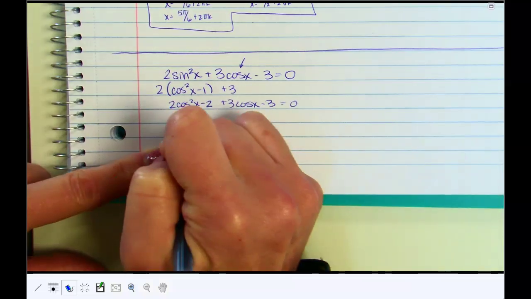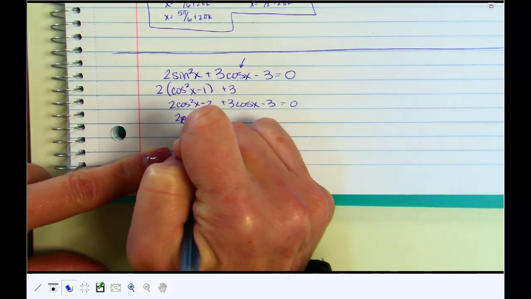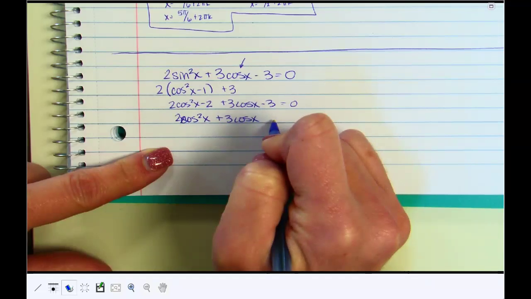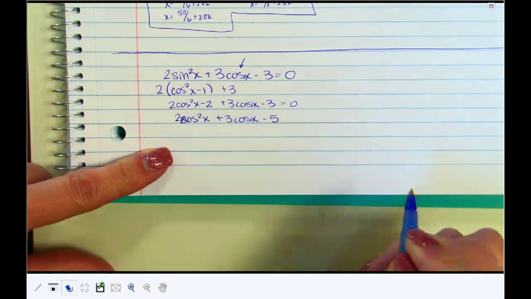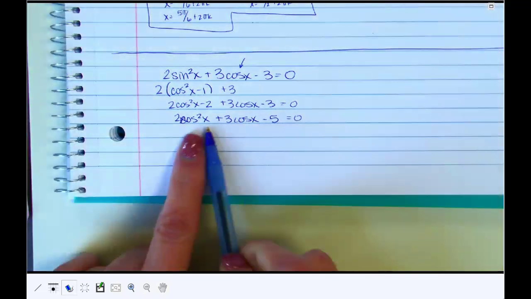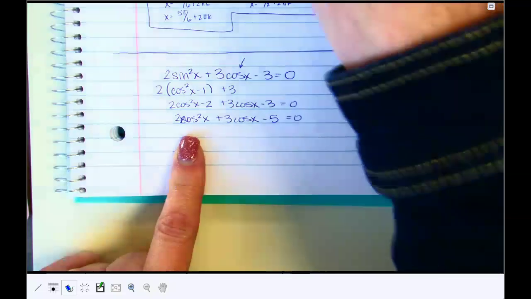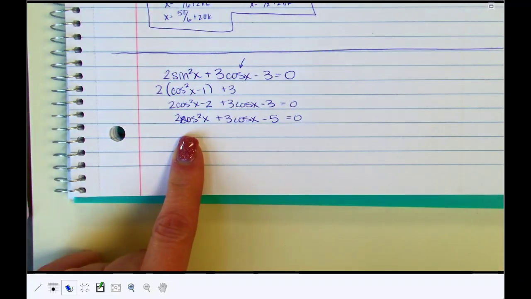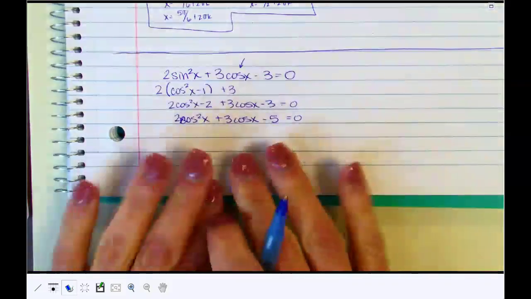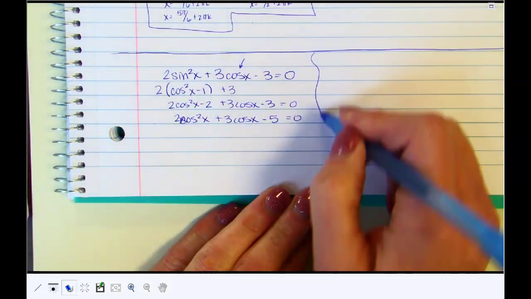So then it's 2 cosine squared plus 3 cosine minus 5 equals 0. But once you're done with that, now you're back to doing what we were just doing. Okay? So I don't feel a need to take you through this. So let's just practice the switch part.